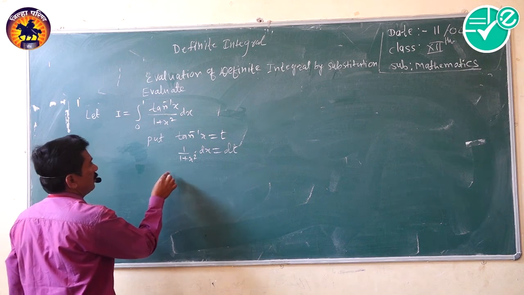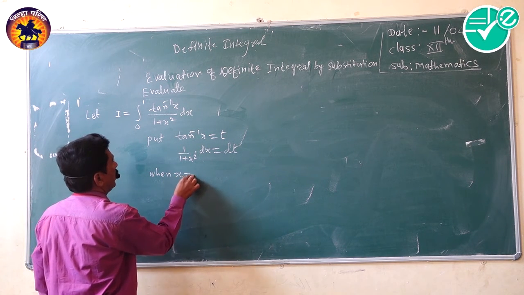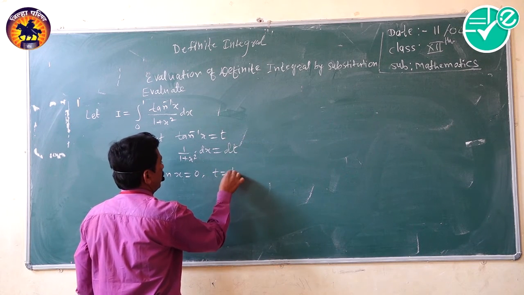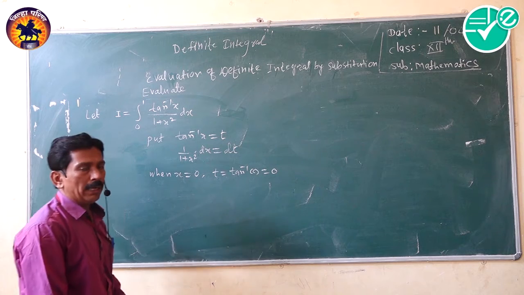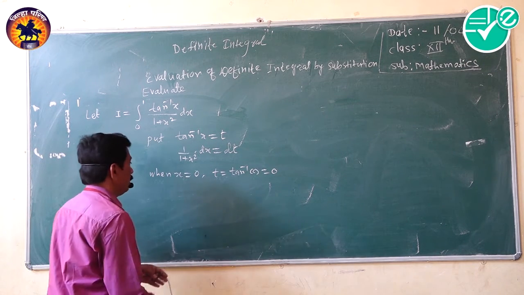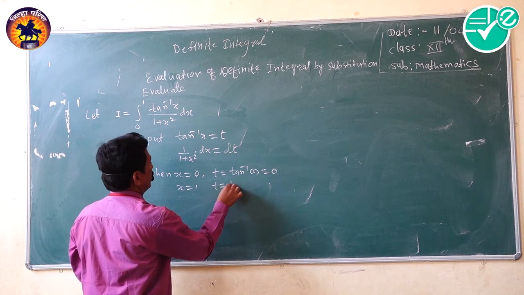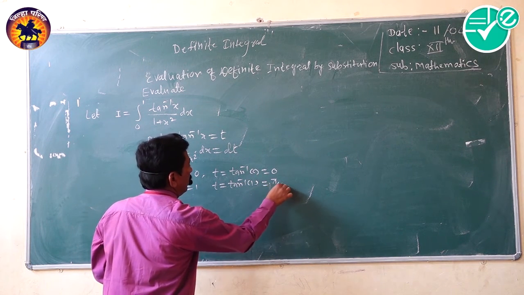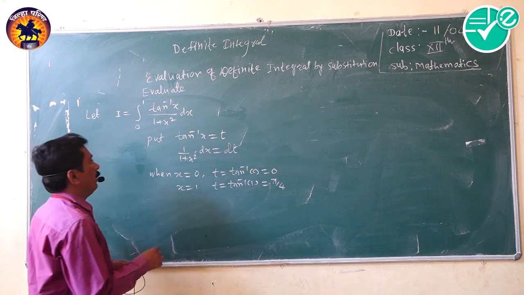Now limits are: when x is equal to 0, t is equal to tan inverse 0, it is 0, the value of tan inverse 0 is 0. Now when x is equal to 1, t is equal to tan inverse 1, it is nothing but pi by 4, that is tan pi by 4 is 1.